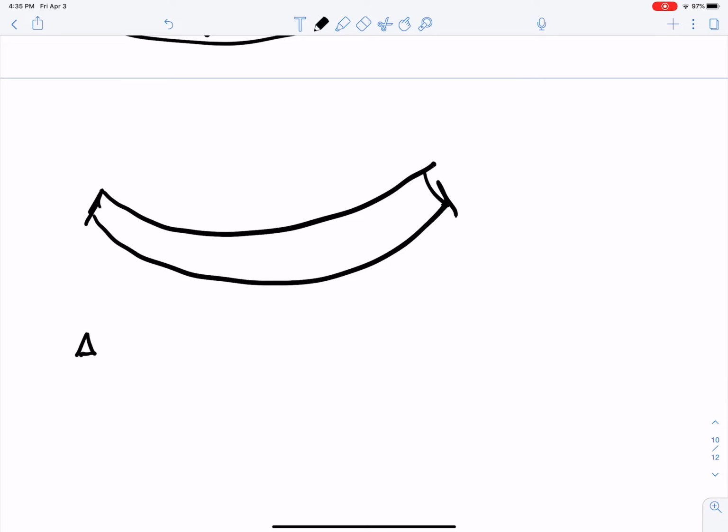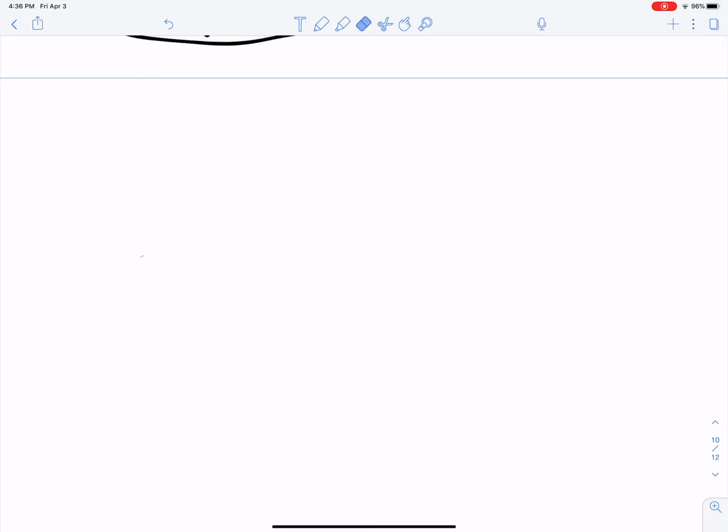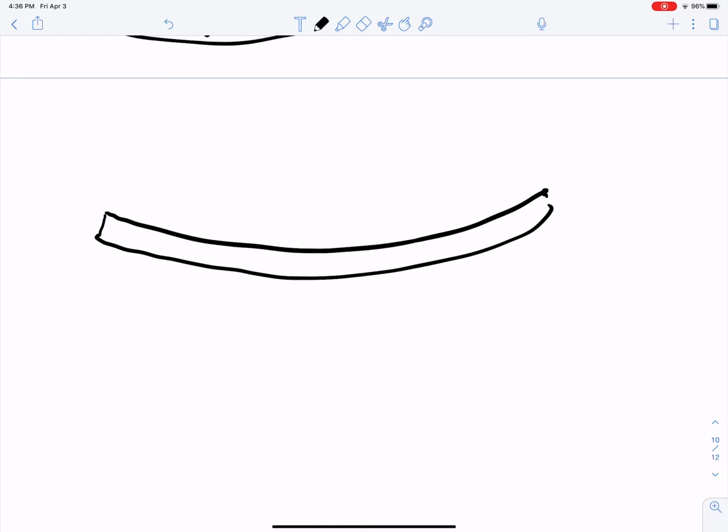This was our delta, so not delta, this was our... let me erase this for a second. So supposedly the whole bar now undergoes a deformation like this. This is our pin, this is our roller.